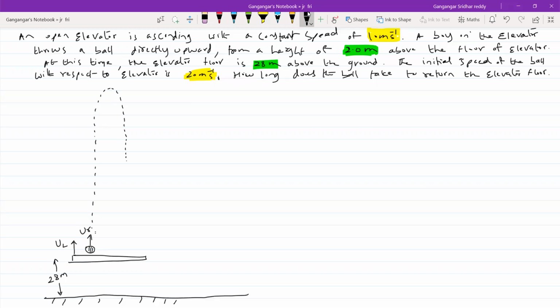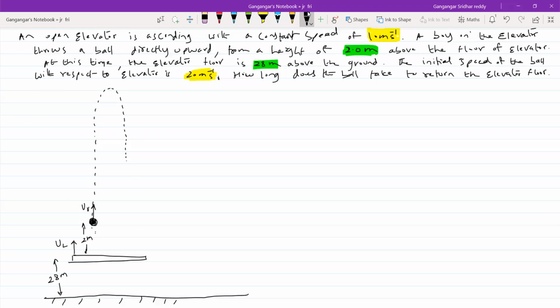Sir, at a height of 2 meters above the floor of the elevator, the ball is projected. I'll change the diagram.